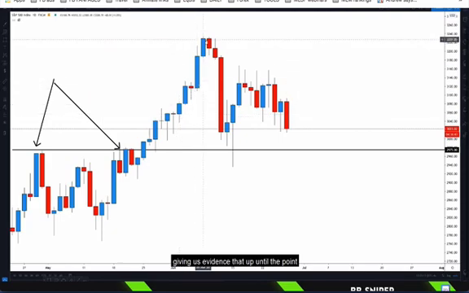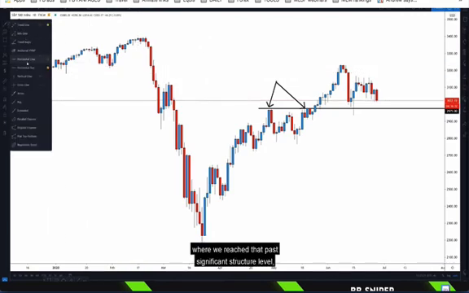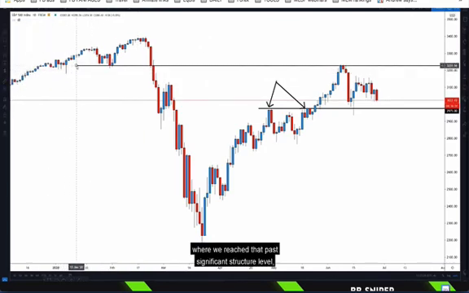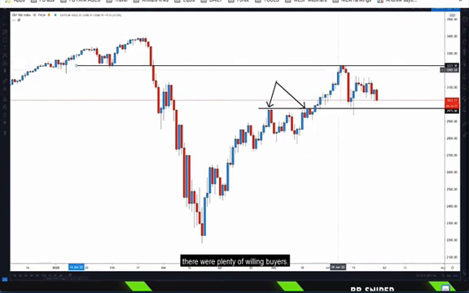Giving us evidence that up until the point where we reach that past significant structure level, there were plenty of willing buyers.